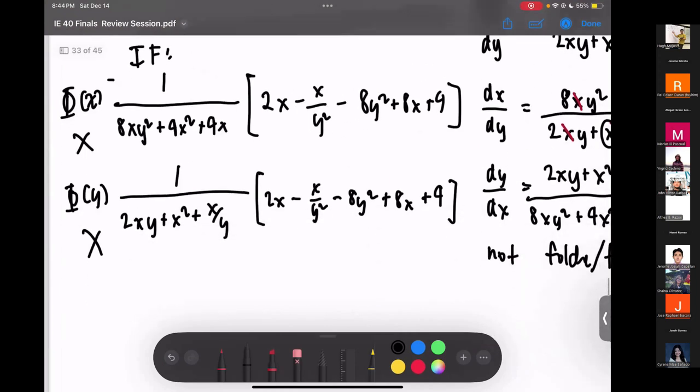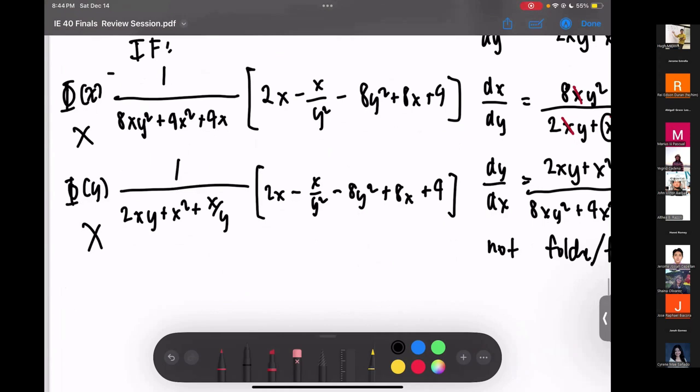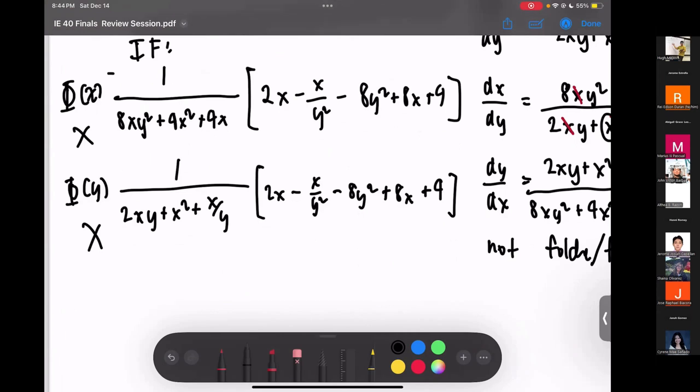And the way you'll show that is by basically taking the equation for the integrating factor in both x and y, plugging it all in, and demonstrating that you cannot find a small m and small n that will give you that value.